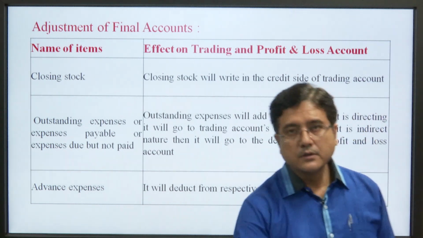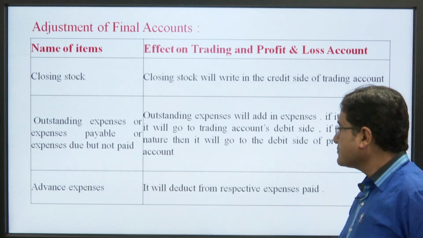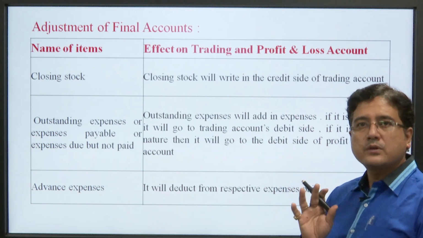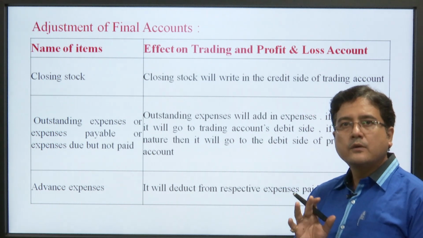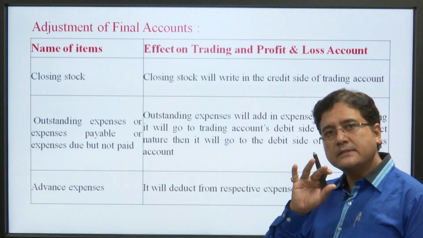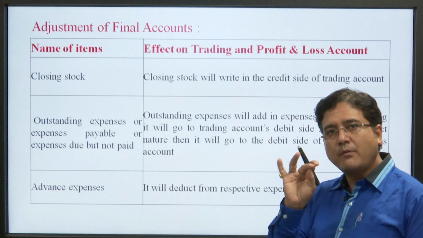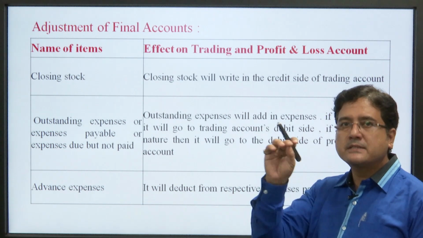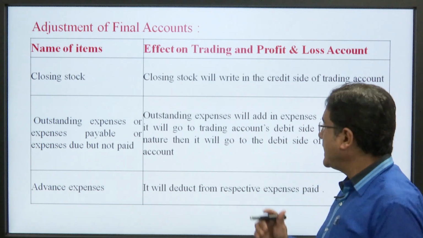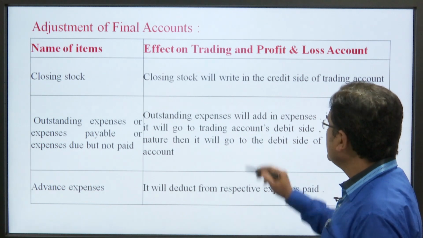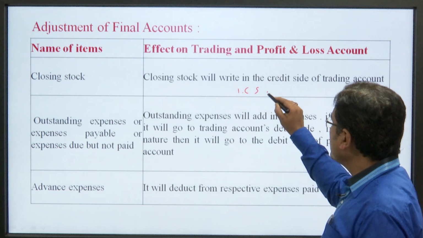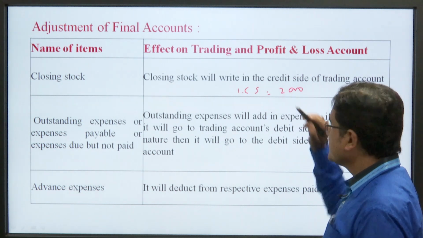If closing stock is given in a question in the form of adjustment, for example, the first adjustment is closing stock of rupees 22,000 only.